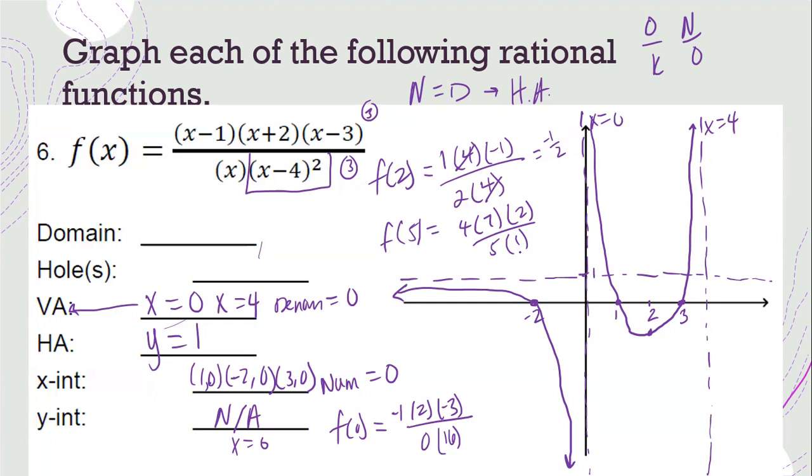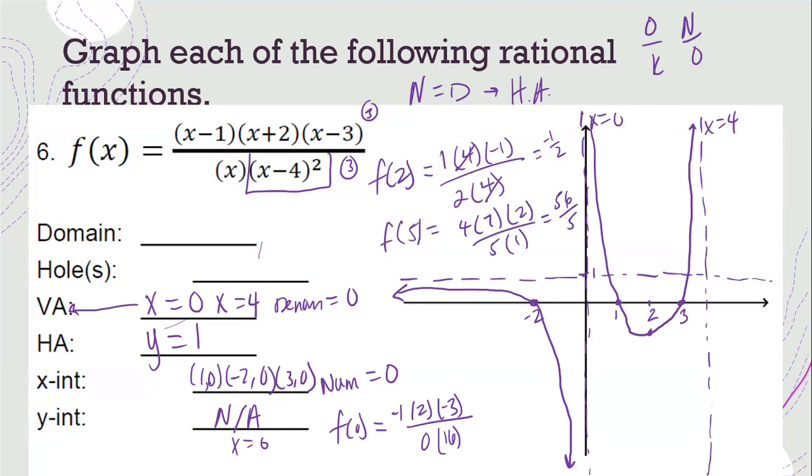All right, so what is that? 56 over 5? Yeah, 56. Did I make that up? Feels right. 4 times 7 is 28, times 2 is 56.